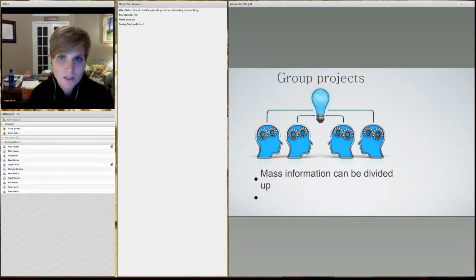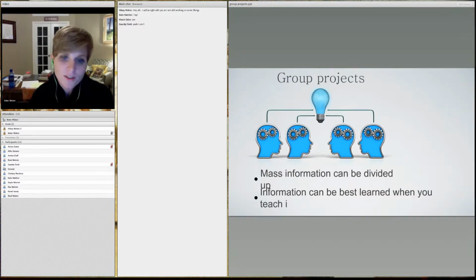That's one of the best ways to learn mass information. Also, information can be best learned when you teach it. Hence, that's part of the BYU Idaho model, when we want you to try to teach each other. So that's also part of it.